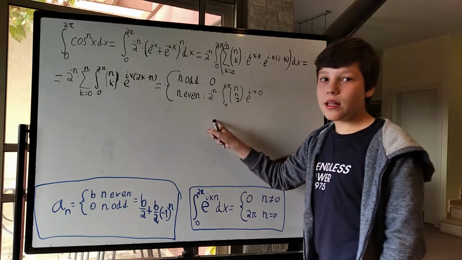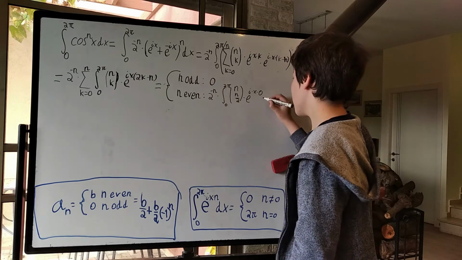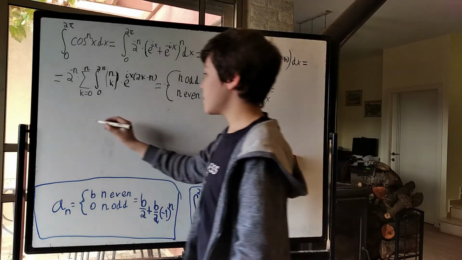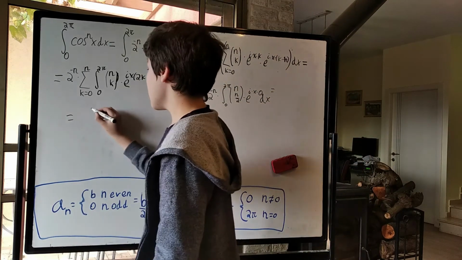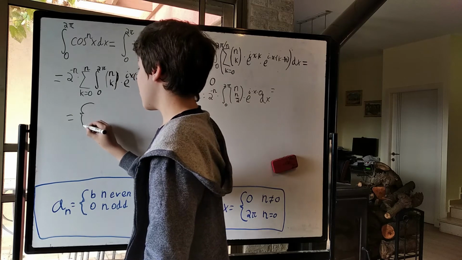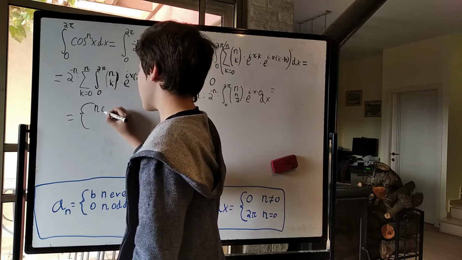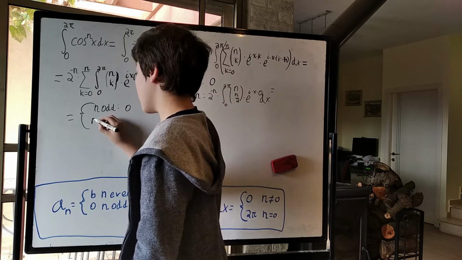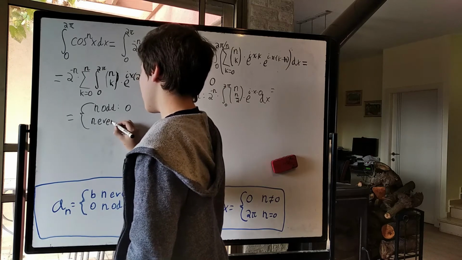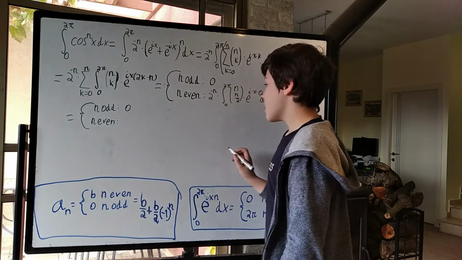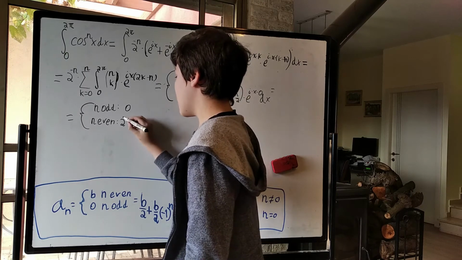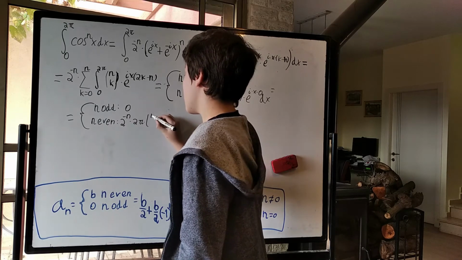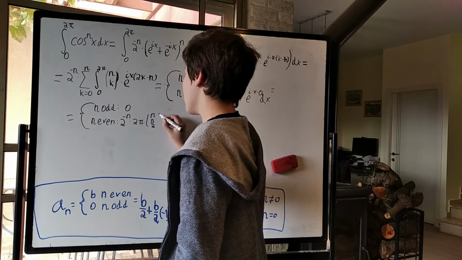And then we have this times 2 to the negative n, dx. When n is odd, this is going to be 0, but when n is even, it's not going to be 0. It's going to be 2 to the negative n times 2 pi times n choose n over 2.